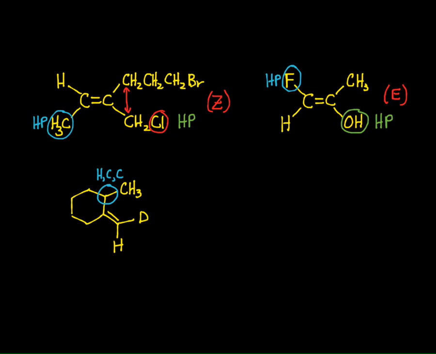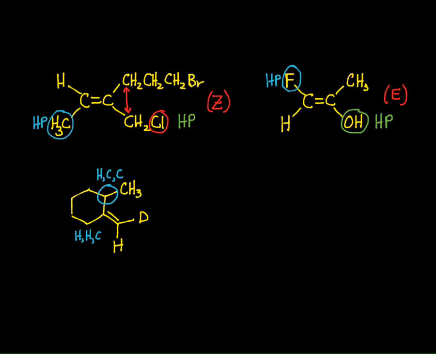That carbon has one hydrogen and two carbons attached to it, whereas this carbon has two hydrogens and one carbon. And therefore my first point of difference is the hydrogen versus a carbon. Carbon basically takes precedence, and therefore the substituent on the top there is my high priority.